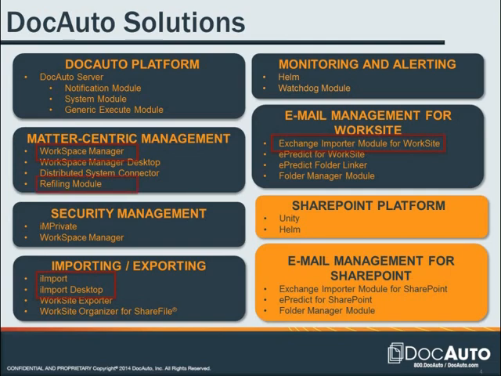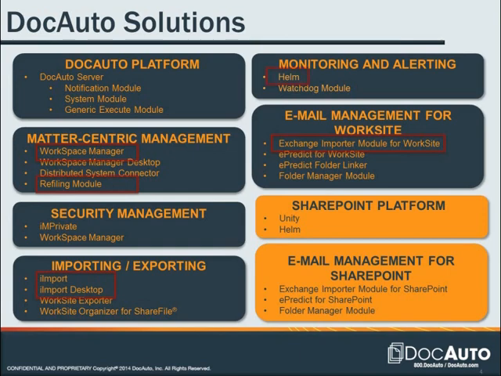The refiling module as well, part of our matter-centric management suite, can deal with either duplicates or messages that are linked to multiple destinations in terms of making sure that a message that has been distilled down, if you will, from multiple instances of a message down to a single physical instance that is instead linked to multiple different folders or workspaces in WorkSite can respect the security of all those locations in WorkSite as well.